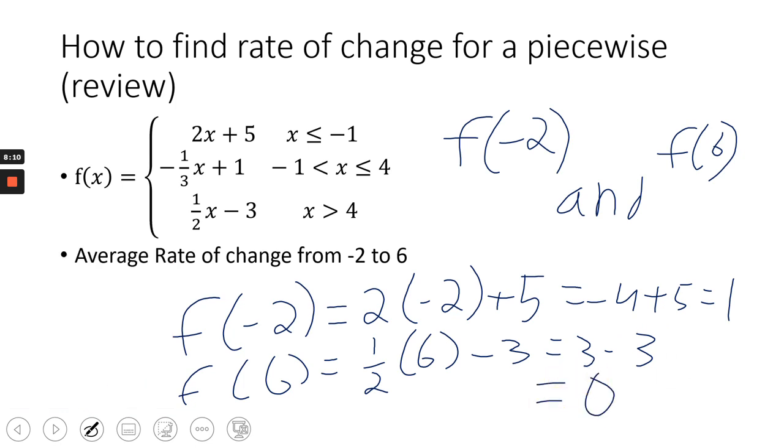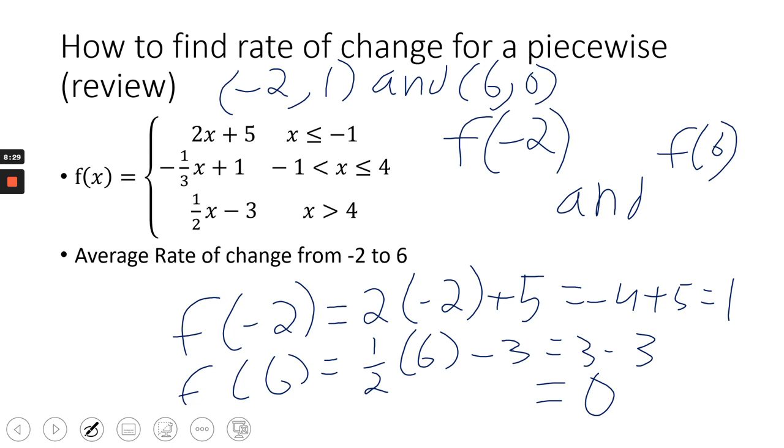Okay, once you have your values, you make each one into a point. So you have (negative 2, 1) and (6, 0). Then using those 2 points, you find the average rate of change.